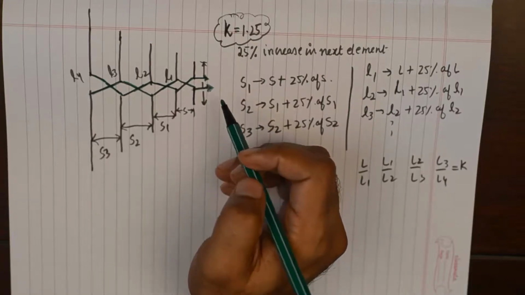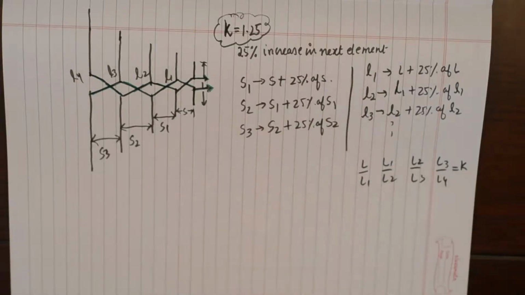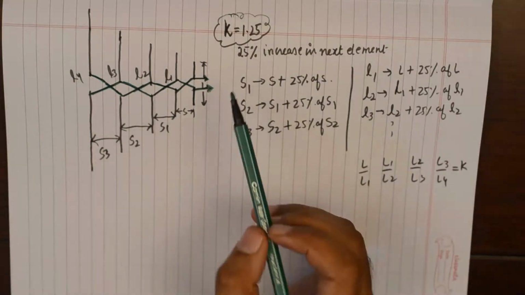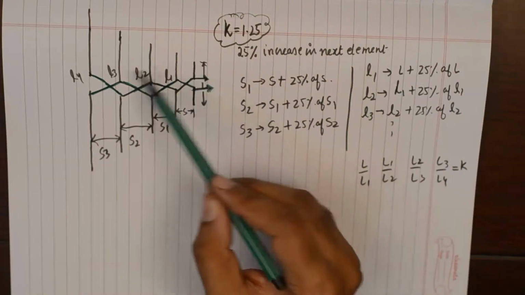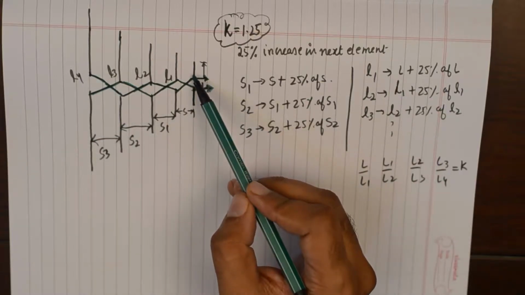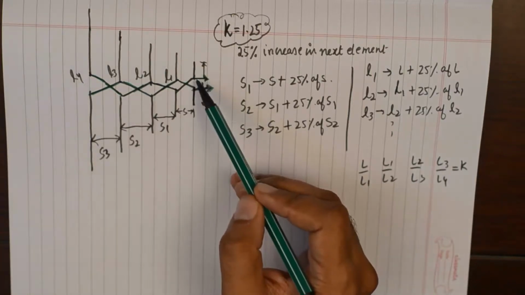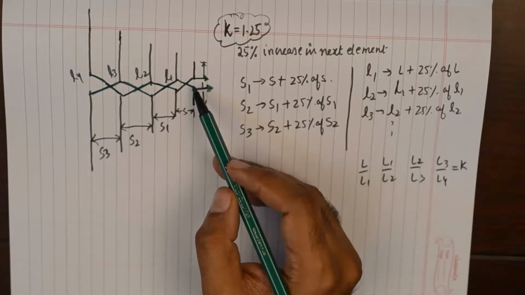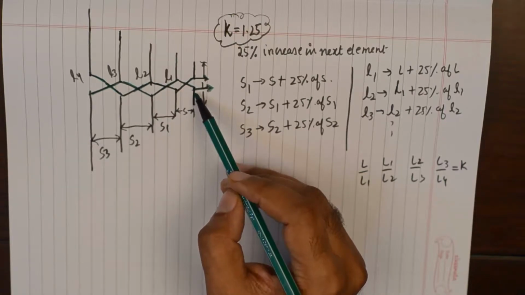This log periodic antenna will not only work as an array, but it will help us send the signal of frequency ranging from the highest to the lowest. And this particular antenna can be thought of as an individual dipole, which will be responsible for sending a frequency associated with this length of dipole.